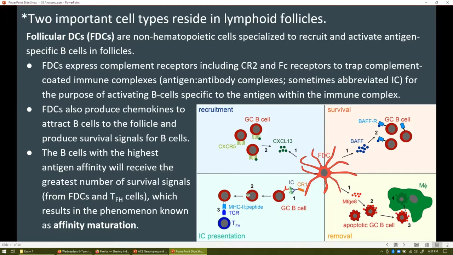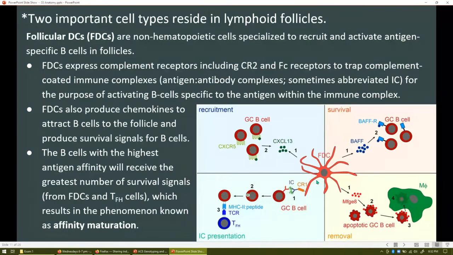And instead of just letting all of those complement-coated antigens swim freely through the lymph node, follicular dendritic cells express complement receptors that bind to the fixed complement molecules that are located on the antigen. And they just hold the antigen basically in place so that a B cell can swing by and bind to it with its B cell receptor, and then take up this little green piece here from the thing that's being held on the dendritic cell.